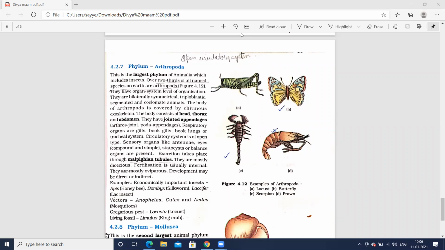So we all know about sensory organs like antenna, eyes, statocysts or balance organs. Look at this word, statocysts or balance organs. Have you heard this word earlier? I don't think आपने सुना होगा statocysts. They are balance organs. So balance organs basically must be helping in what?